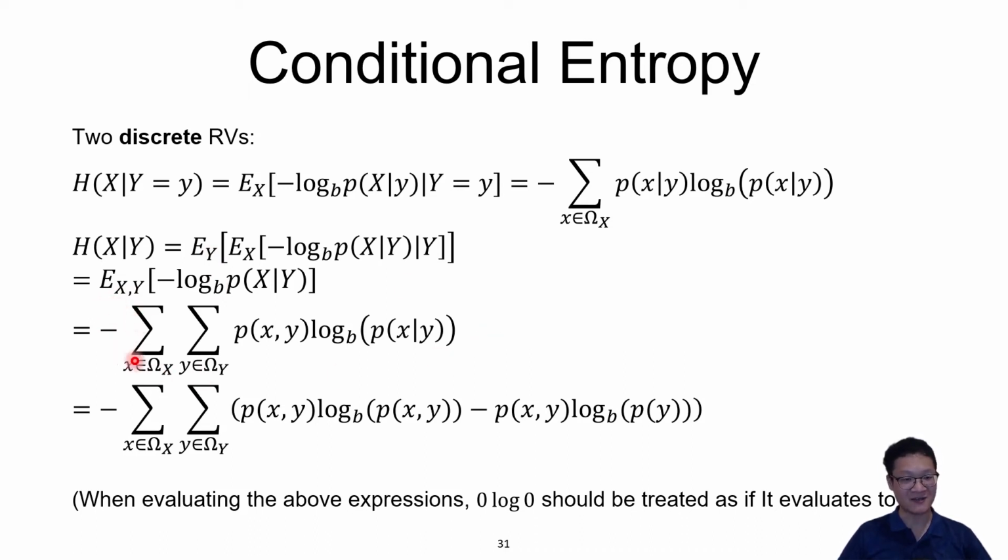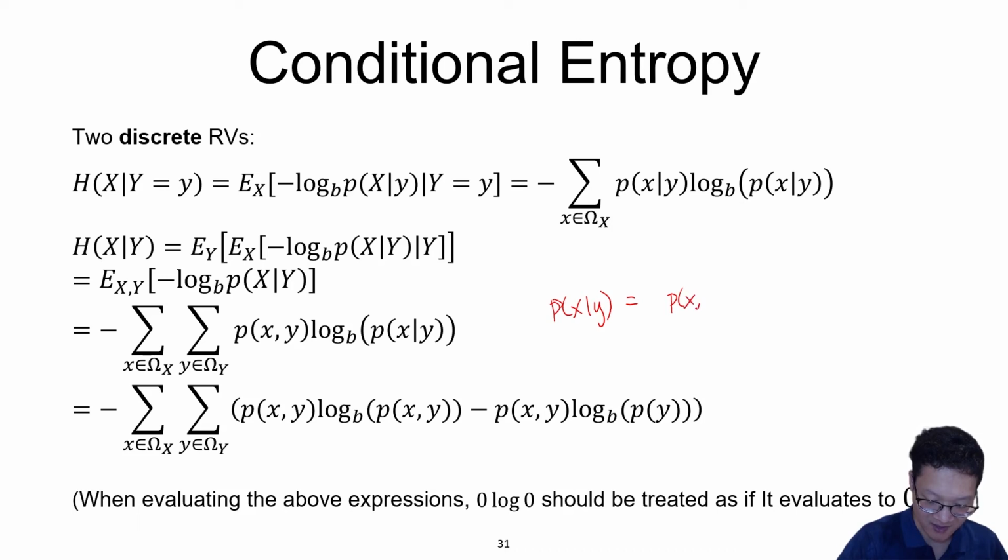Then, writing out the definition of expectation, this is the function log b of p of x given y multiplied by p of xy. And then if we want, we can simplify this a little bit more. The last step is basically because p of x given y is equal to p of xy divided by p of y.